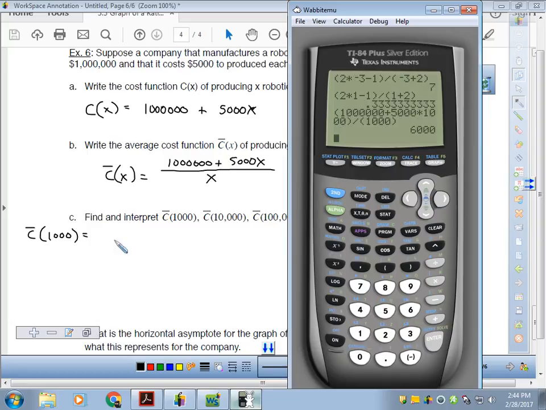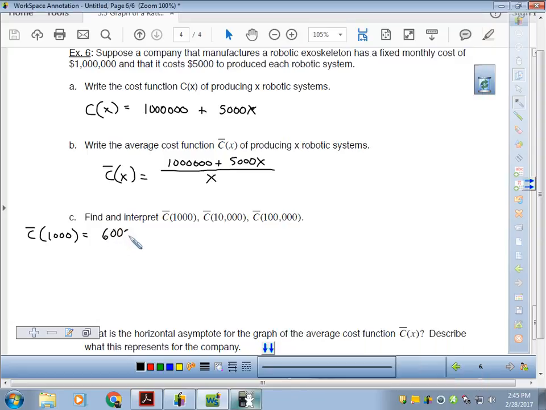And so we get 6,000. And so when we interpret it, the idea is when we build 1,000 systems, the average cost is $6,000.